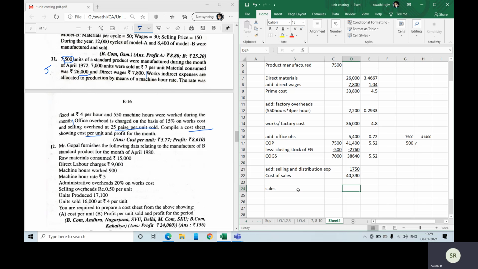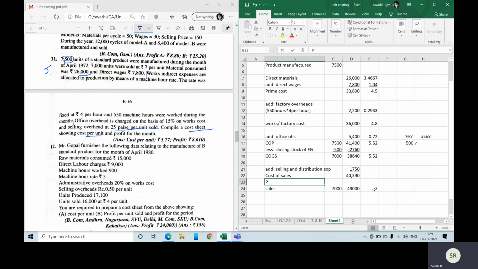So sales are 7,000. How do I get my sales? 7,000 units were sold at 7 per unit, that is 49,000. So basically the entire cost we incurred is 40,390. We added some profit to it and finally sold it for 49,000. We sold it for 7 rupees and the units we sold are 7,000.